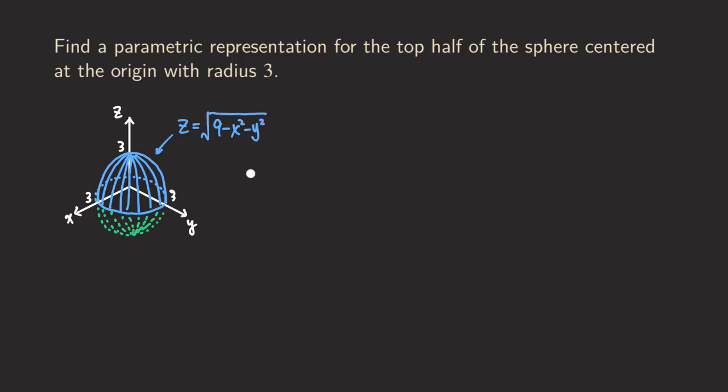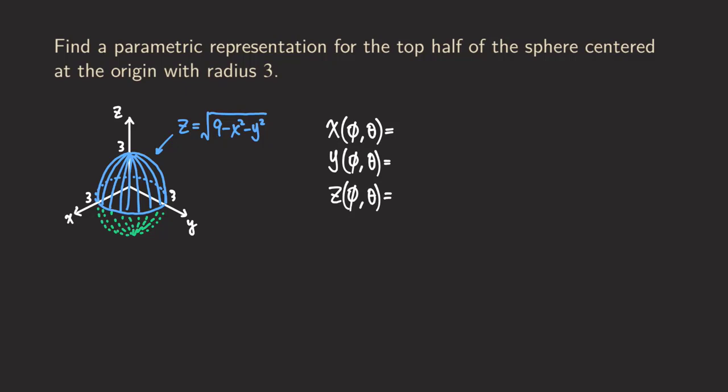Okay, and because this is part of a sphere, we are going to use spherical coordinates to do the parametrization. So first, we are going to pick our two parameters as phi and theta. You can use u and v if you want to. So now we are ready to start writing this.